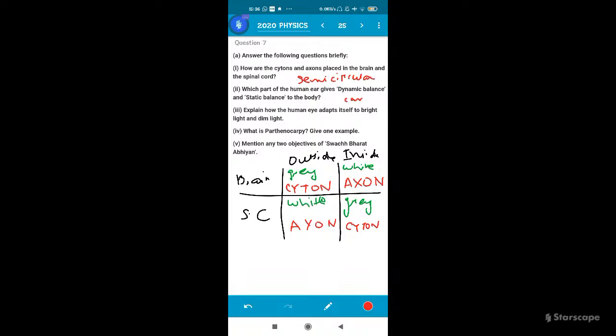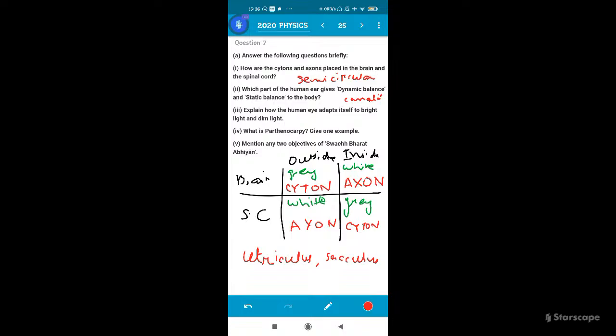Semicircular canals give us dynamic balance. Now talking about static balance, it is given by the utriculus and sacculus. Utriculus and sacculus. Make sure that you're remembering these terms, otherwise you will not be able to score marks. Many questions come from this topic. Okay, so read through the nervous system and the sense organs chapter very nicely.